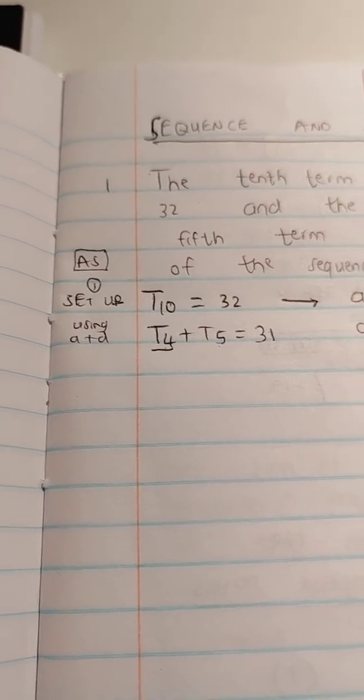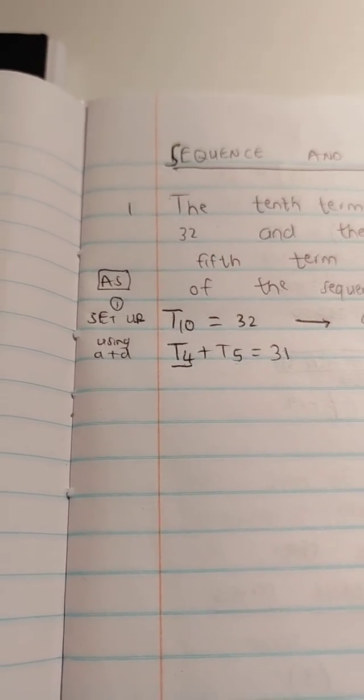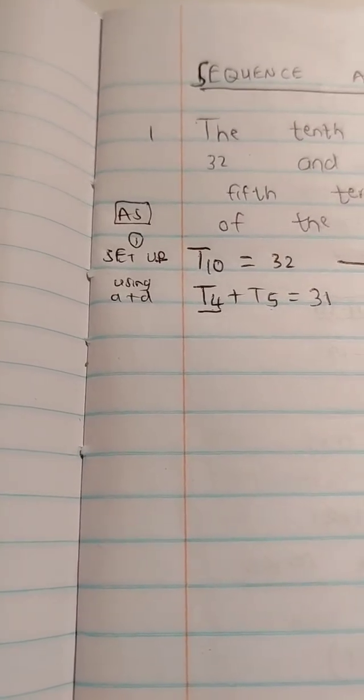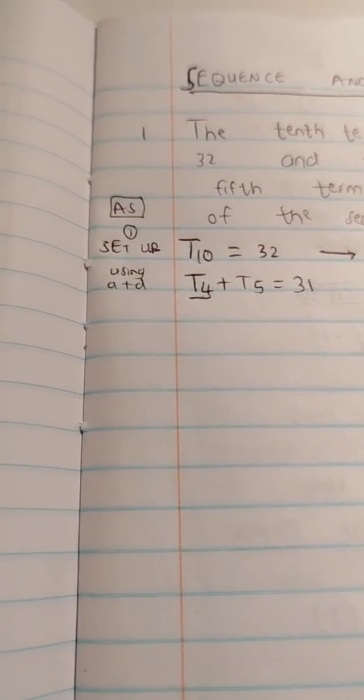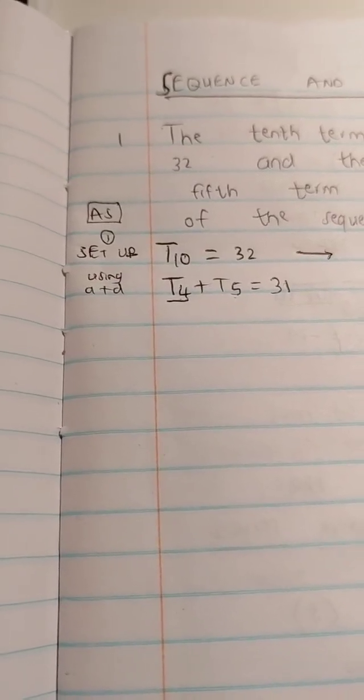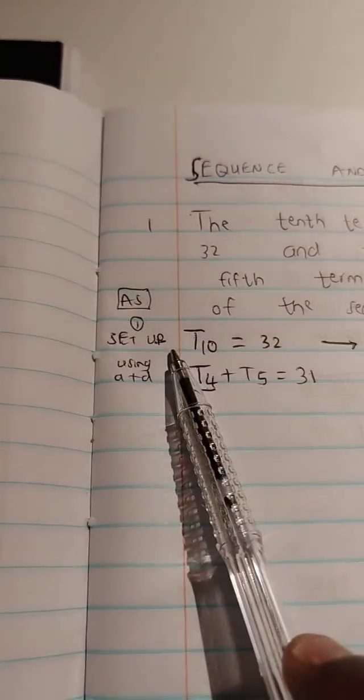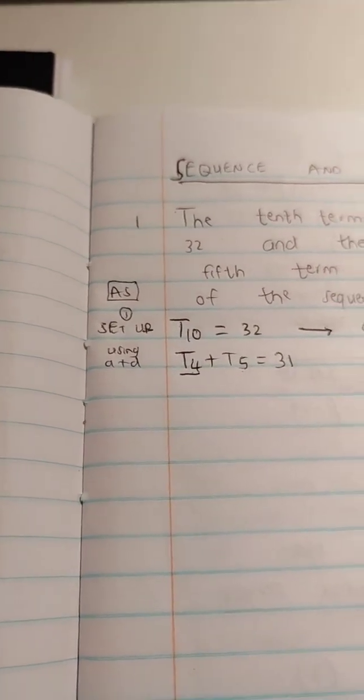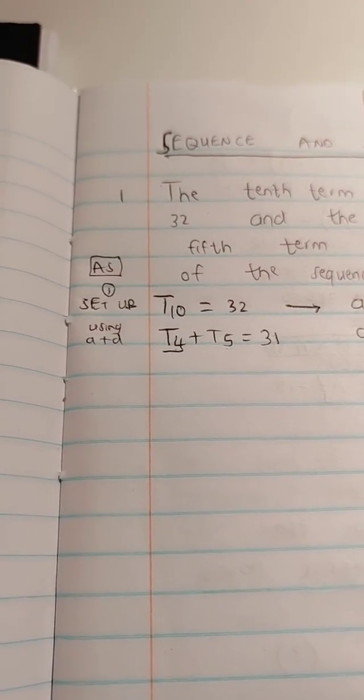If the two sequences were geometric, what would our expressions be in terms of? Would they still be in terms of A and D, or would it be some other thing? Because remember, since we're told it's arithmetic, we used A and D.